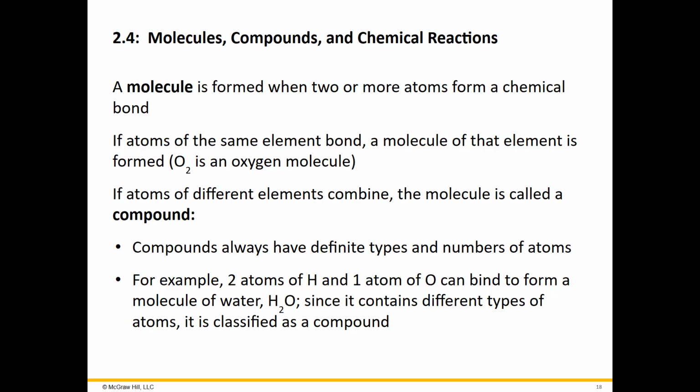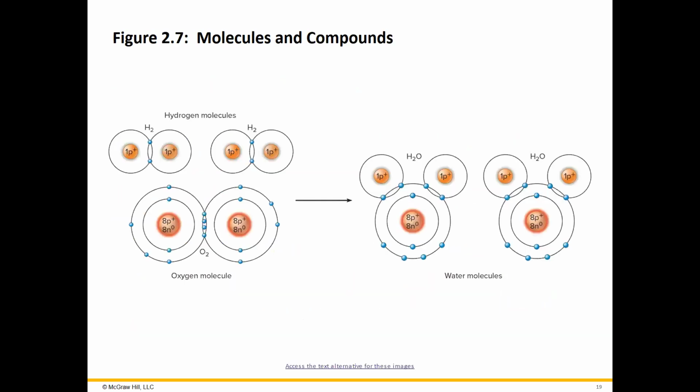If 2 atoms of hydrogen and 1 atom of oxygen form a polar covalent bond together, it's still a water molecule, but because there's 2 types of elements in it, we call it a compound molecule. Okay? So since it contains different atoms, it's simply compound. If it's the same stuff, it's a molecule. If it's different stuff, it's compound. Still a molecule, it's just a compound molecule.